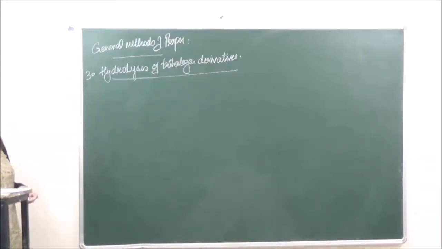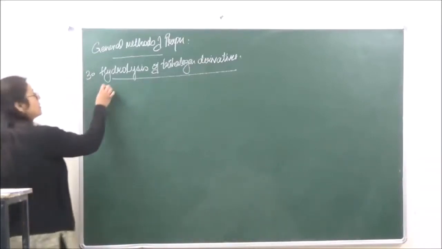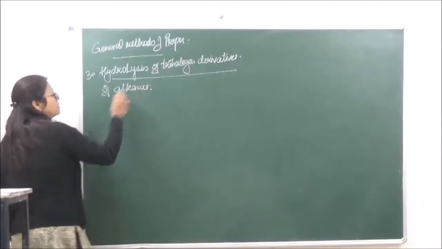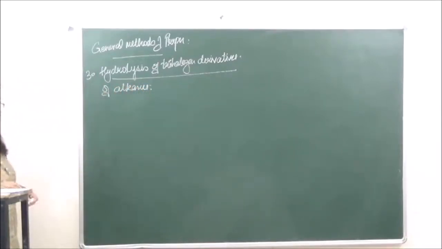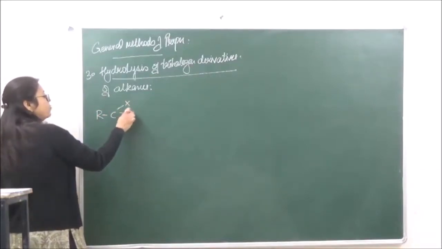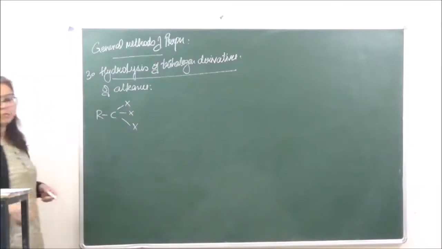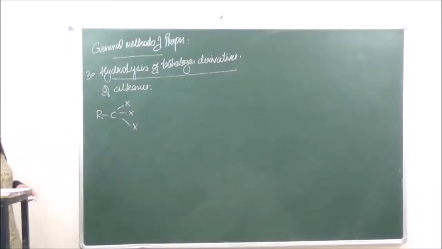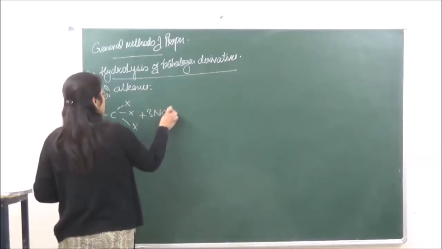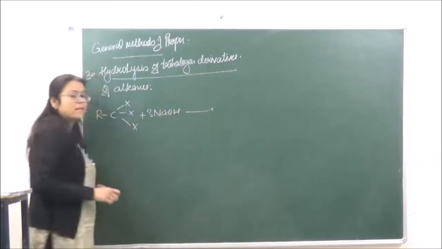Okay, so in this case we are taking a trihalogen derivative, where all the X are present over here, we've already done this reaction, and we react this with sodium hydroxide.